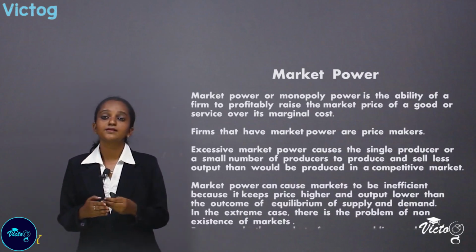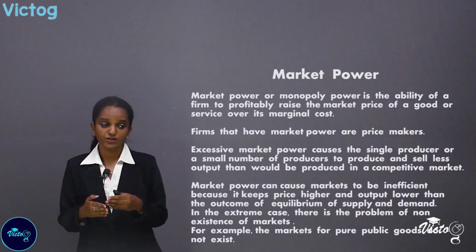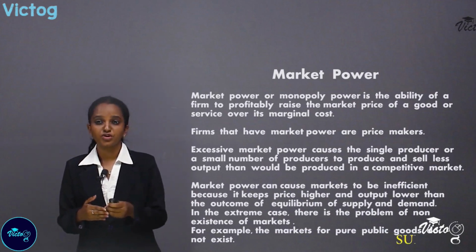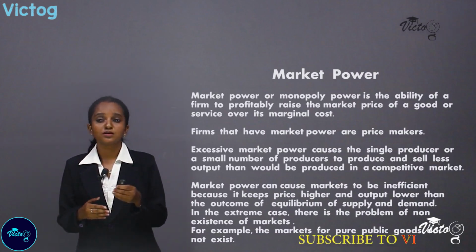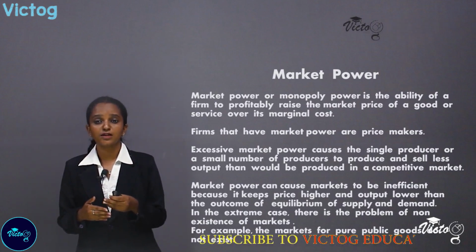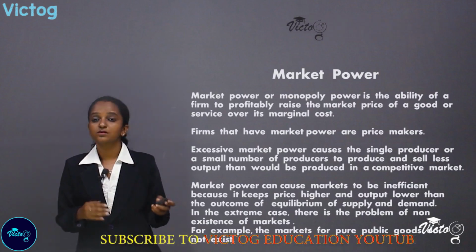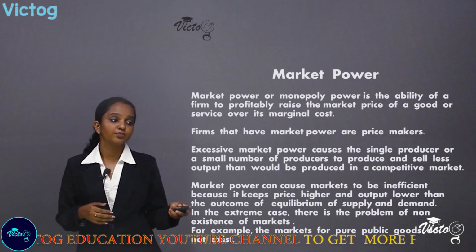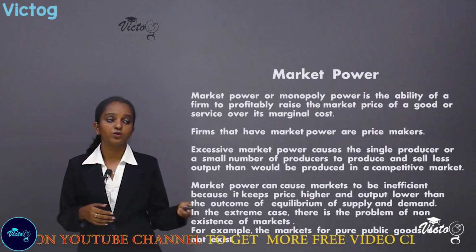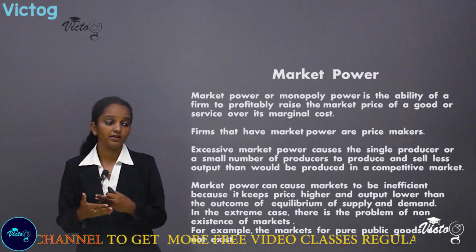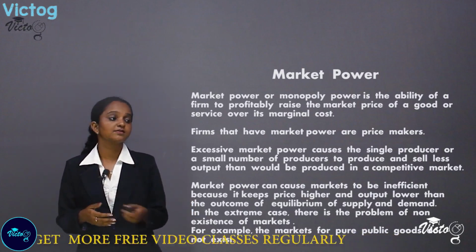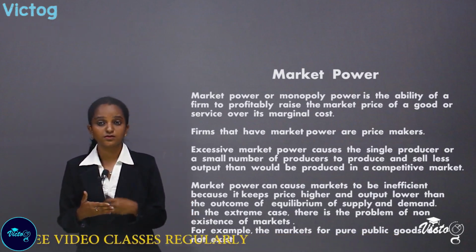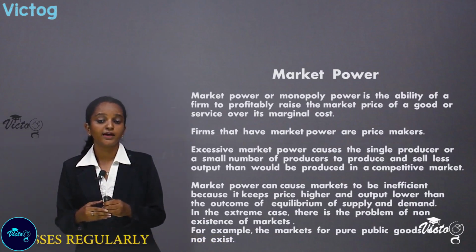So such markets actually lead to a less than efficient outcome, where the welfare of the consumers goes down. This is known as market failure. Market power can cause markets to be inefficient. It keeps price higher and output lower than the outcome of equilibrium of supply and demand. In extreme cases, there is the problem of non-existence of market, like in cases of pure public goods.